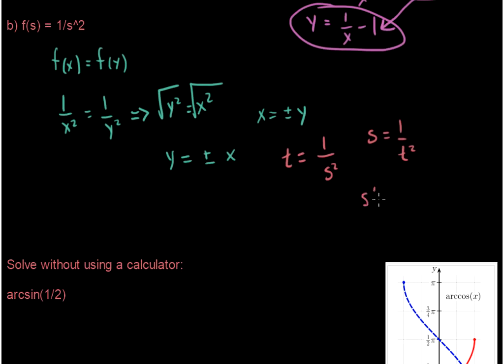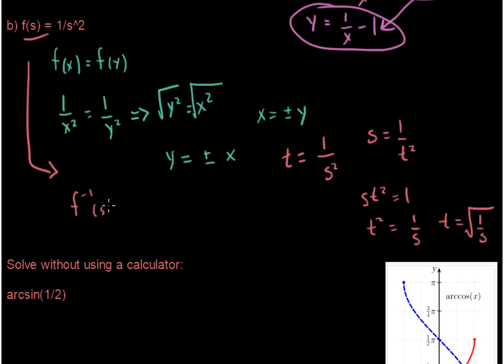Then you have s t squared equals 1. T squared equals 1 over s. And t is equal to the square root of 1 over s. And again, since we started out with this, we can express the inverse as f inverse of s equals square root of 1 over s.